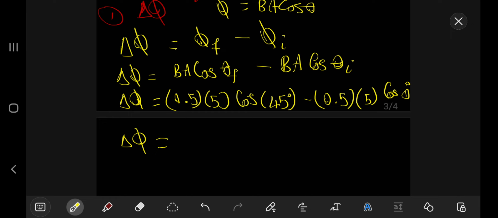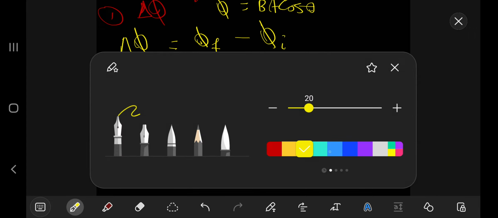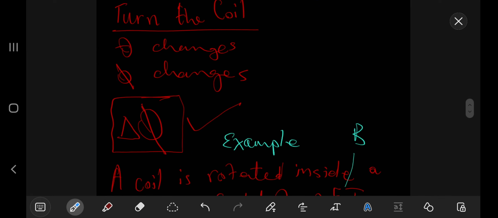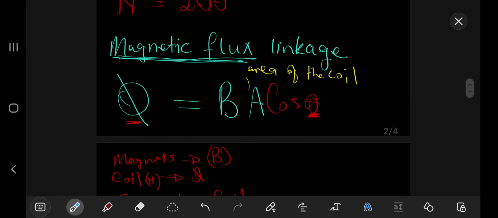Okay, so now on the calculator it is 0.5 times 5 times cos of 45 minus 0.5 times 5 times cos 0, which is 1, okay? And then the answer here is negative 0.732, right? And the unit is webers. Okay, maybe I should have mentioned this earlier, the unit of magnetic flux linkage is webers, Wb.